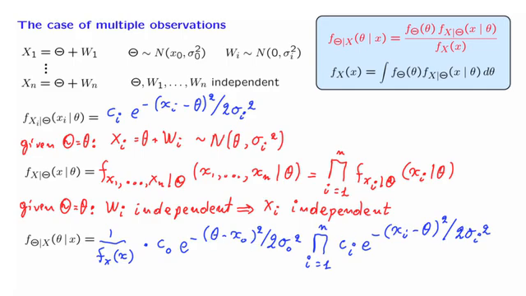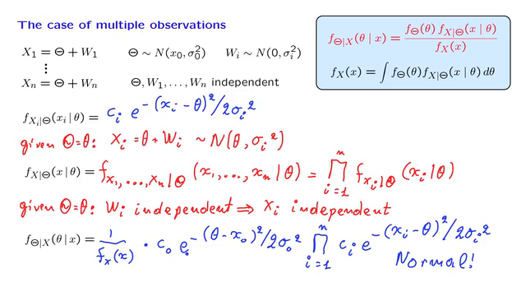So we recognize this kind of expression. It has to correspond to a normal distribution. And this is the first conclusion of this exercise. That is, the posterior PDF of the parameter theta, given our observations, this posterior PDF is normal.